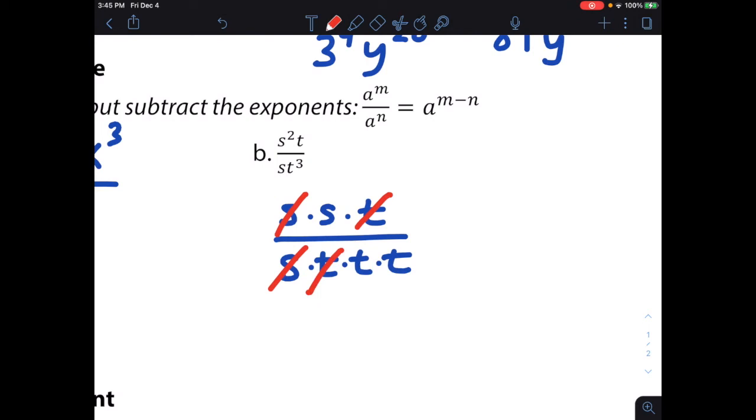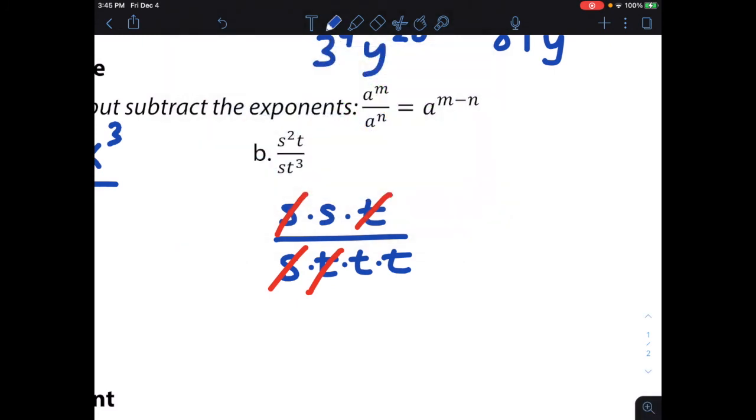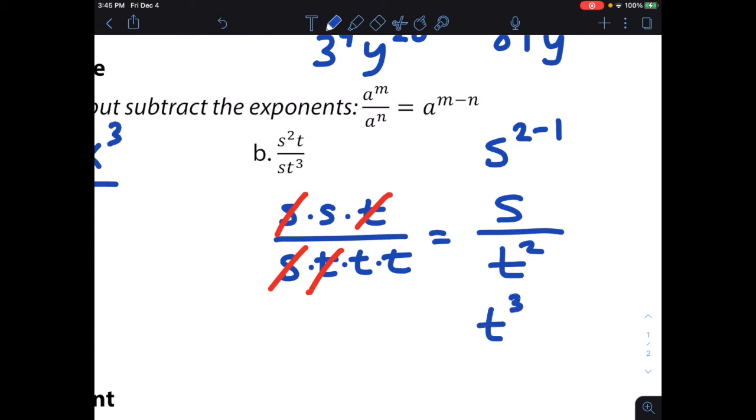Well, we subtracted 1 from the 3 on the bottom. I hope that makes sense. It can be a little tricky to get your head around it sometimes, but it ends up becoming s over t squared. Okay, and essentially this s is because s to the 2 minus 1, and the t is down here because it's t to the 3 minus 1.